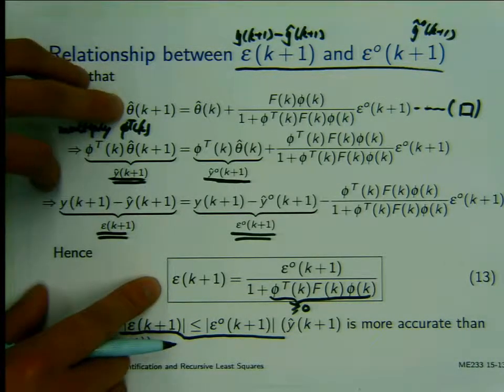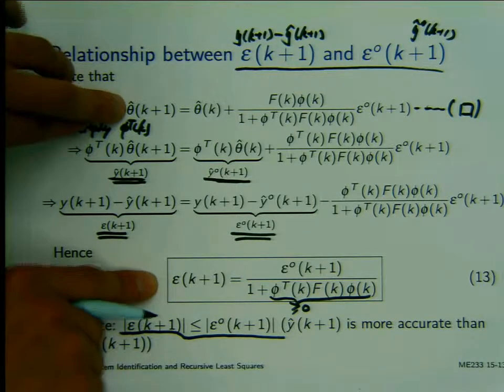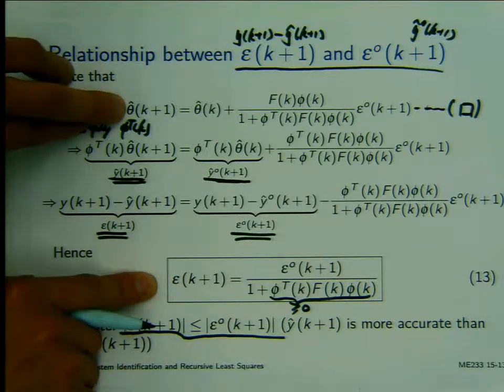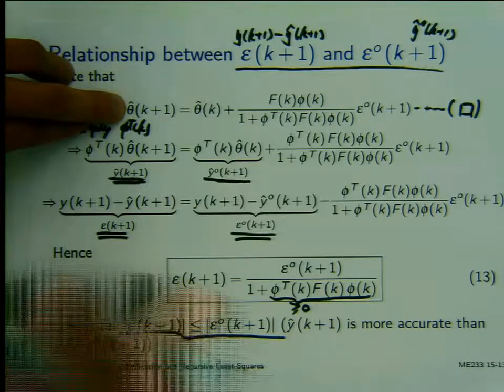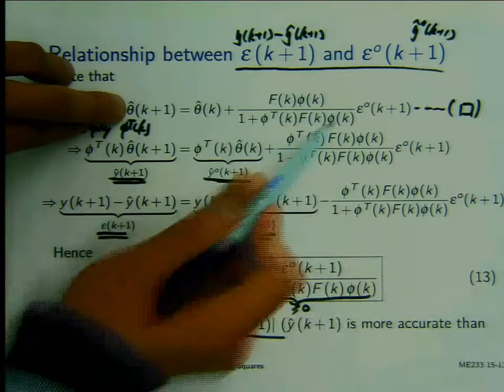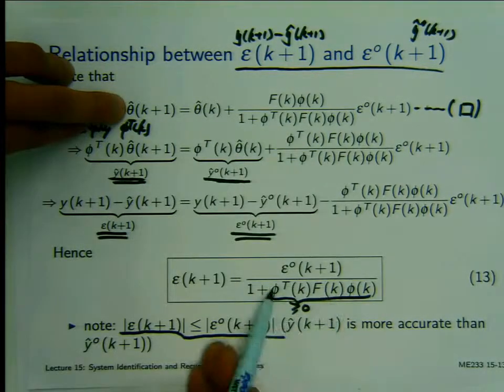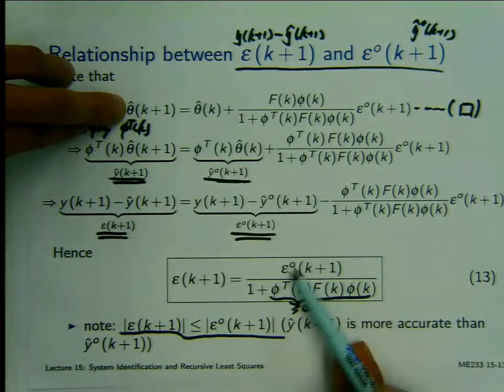Can anyone give me a simplification of the equation box by using equation 13? It contains this, which is this, and it contains this, which is this.